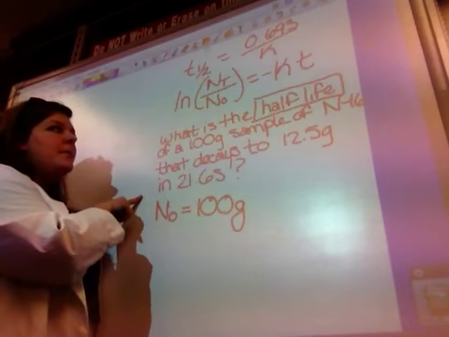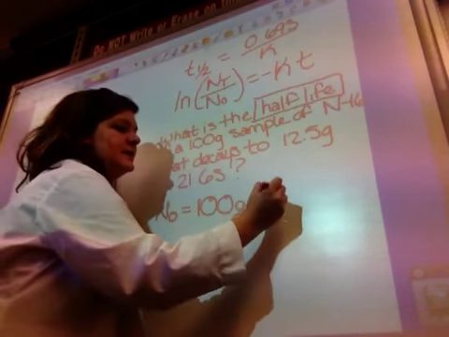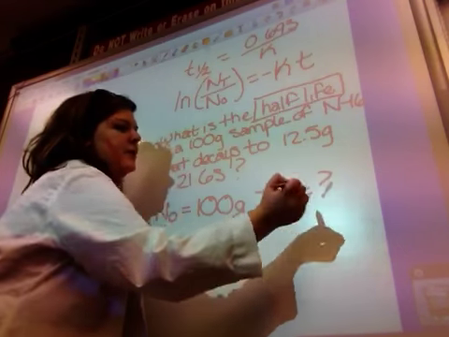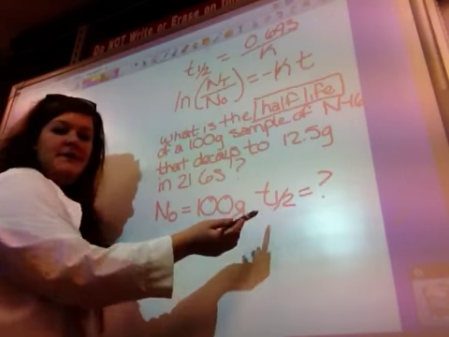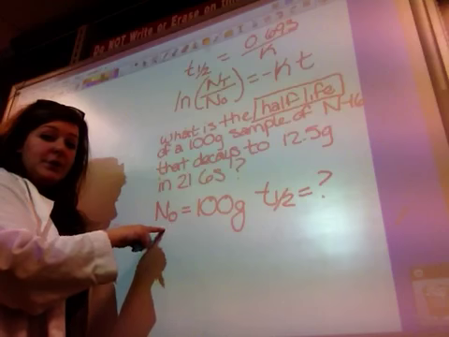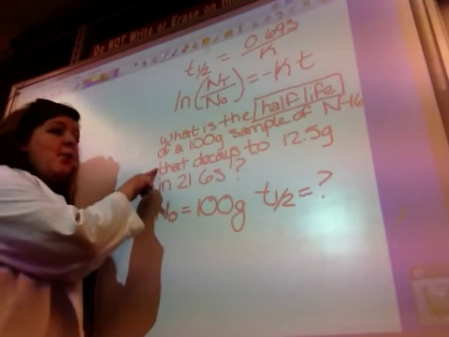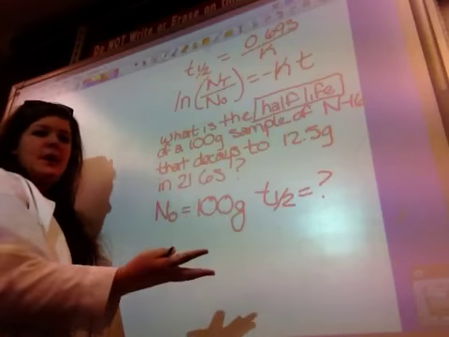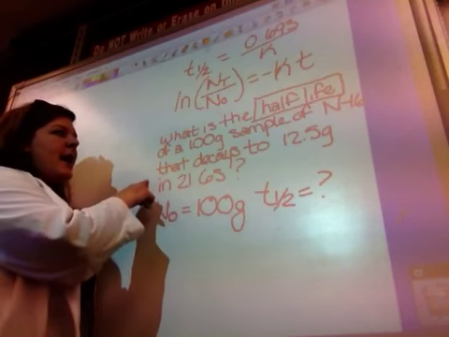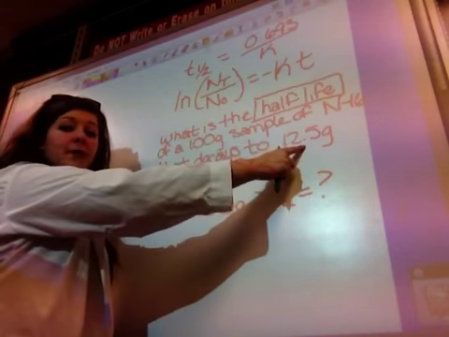So in the problem, I need to try to find T half, or half-life. That's my goal. I have an original amount of sample, that's 100 grams. I know what the amount will be left after it has decayed. So I know that it went from 100 to 12.5.